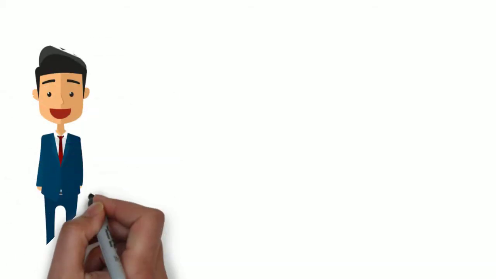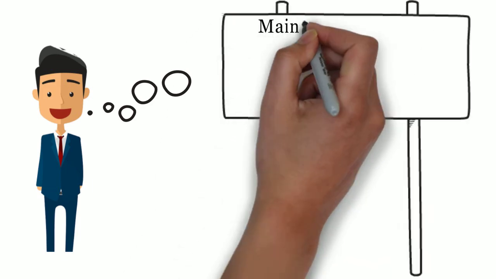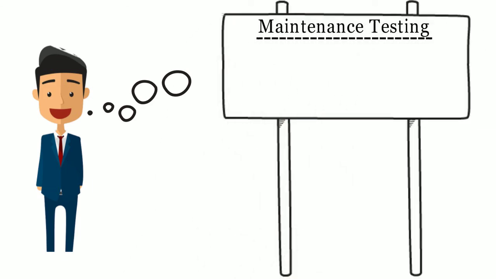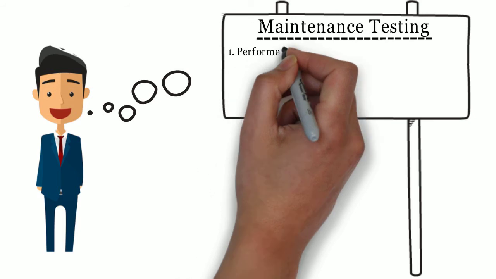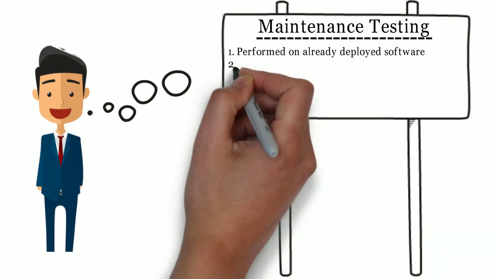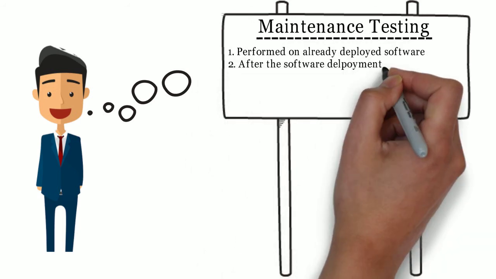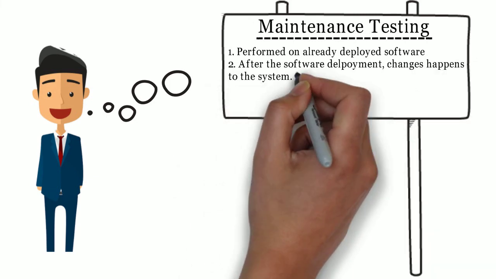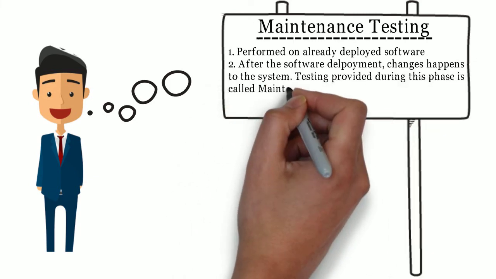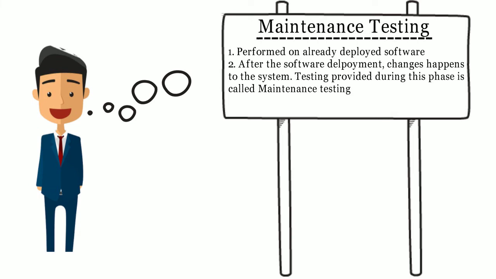Okay, let's move to the next test type, maintenance testing. This testing is performed on already deployed software. Once the software is deployed, certain enhancements would come and maintenance testing would be performed as part of that. Changes happen to the system and the testing provided during this phase is called maintenance testing.